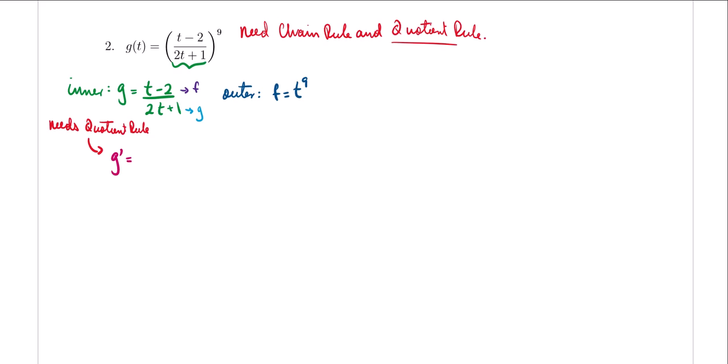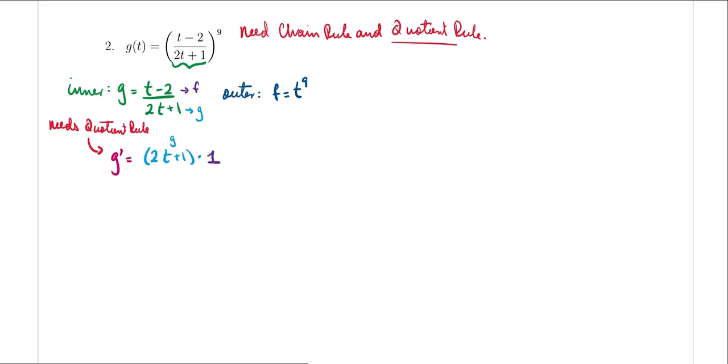Because again, I want you to remember, okay, what was the quotient rule? If it was two functions f over g, then the quotient rule was g times f prime minus g prime times f, all over g squared. So we're going to have here a 2t plus 1 times the derivative of f, the top, which in this case is just the 1 here. Let me label them. This one here was g.